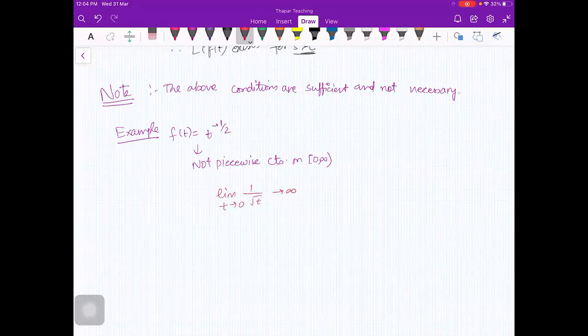And also, is it of exponential order? If we try to see, we want to make |f(t)| less than or equal to M e raised to the power ct for some M and c.